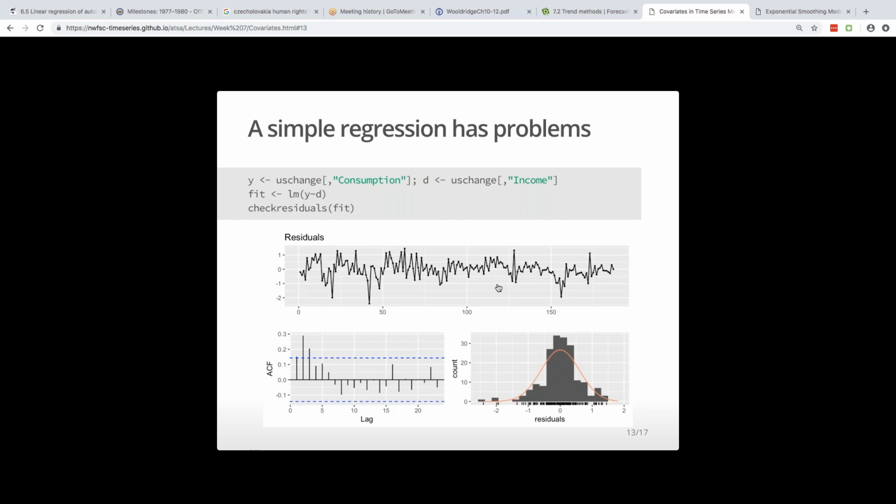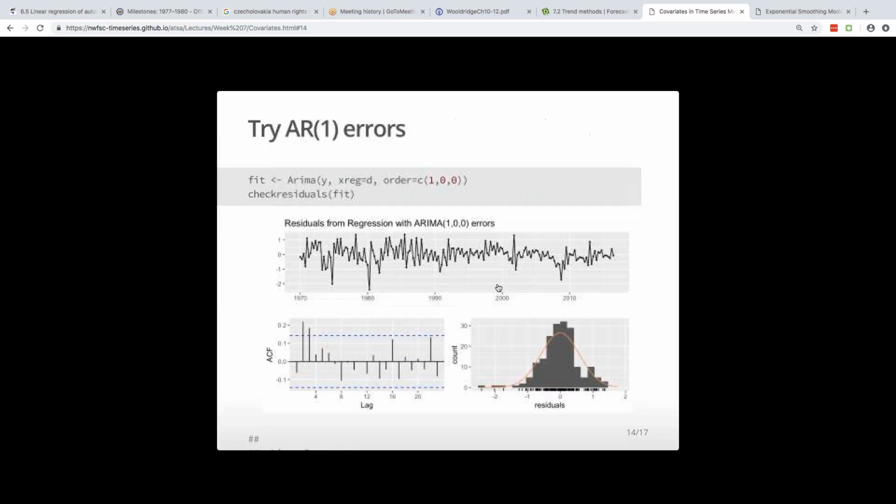Those look a bit too peaky there. That's our normal curve. Let's try AR1 errors. That filled out our residuals curve just a little bit, but we still have problems here.